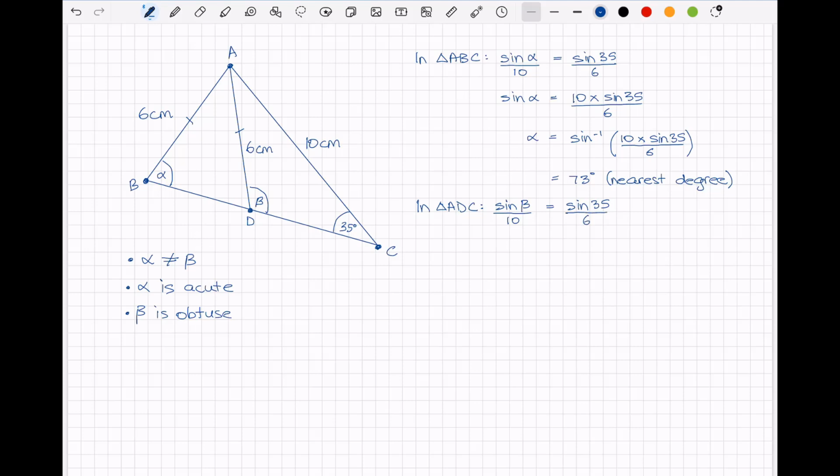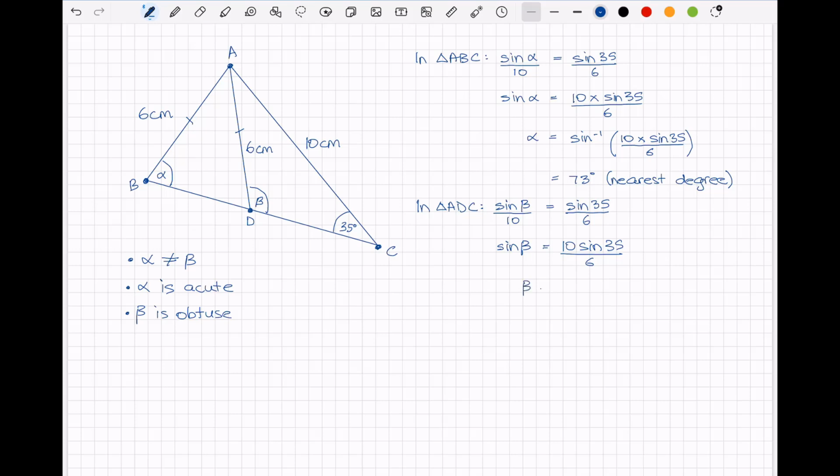And at this point, without even doing any rearranging, clearly the starting point here is the same as the starting point we had when we were finding alpha, albeit instead of alpha the angle is beta. But if we were to follow the same mechanics, and I'll just do that for completeness, we would end up with sine beta equals 10 sine 35 over 6.